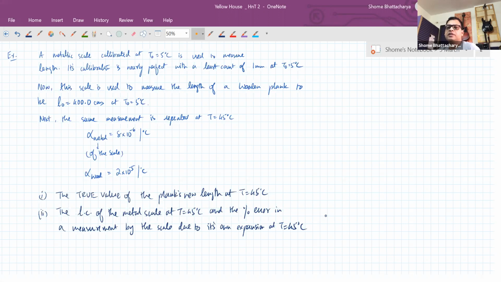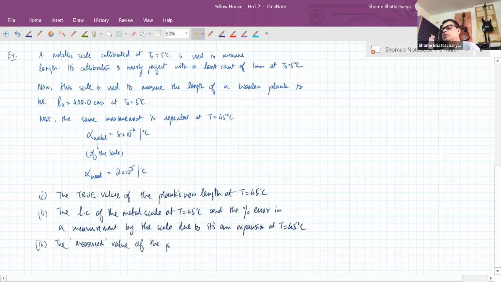So when the temperature is 45 degrees C, we have to calculate the percentage error in the measurement which we are going to make using the scale. Okay. And from that, we have to calculate the measured value, not the true value, but the measured value of the plank's length at 45 degrees C, using the given metallic scale.